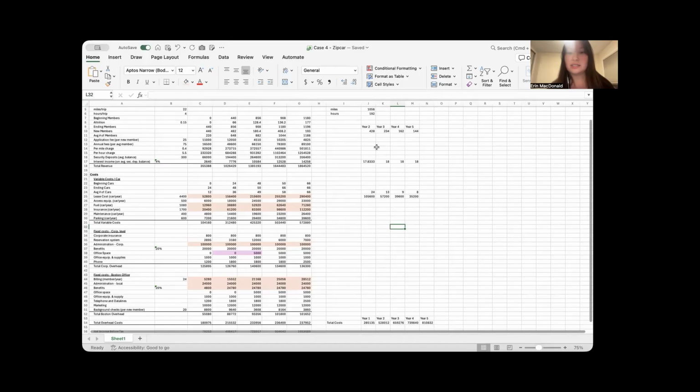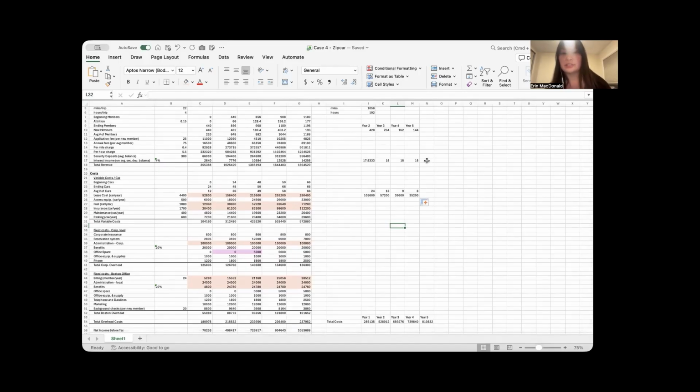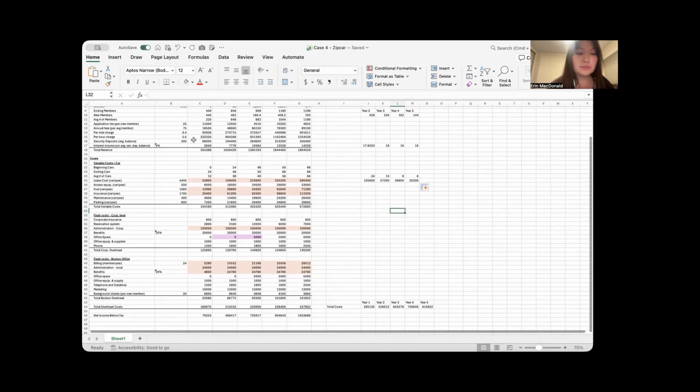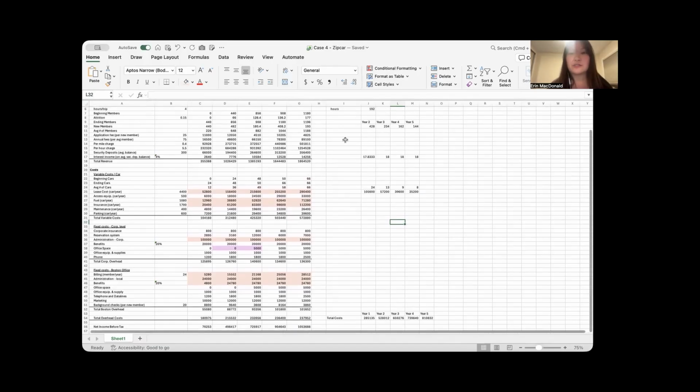And here I've shown that the ratio she bases her whole model off of is about 18 members to one car, adding on each year. And this is shown throughout the model. We can see that the biggest jump is from year 1 to 2, where she expects 428 new members to 24 new cars.